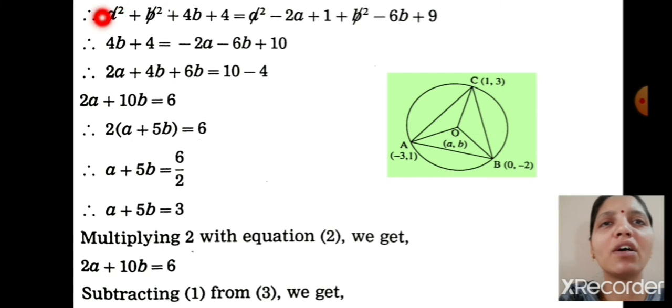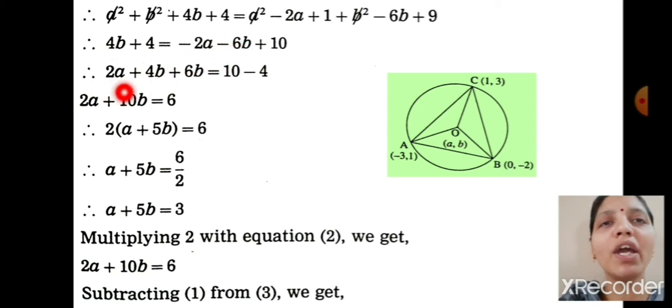Now cancel the common same terms. A square you can cut, B square also you can cut. Now what are the remaining factors? 4B plus 4 is equal to minus 2A minus 6B plus, now 1 plus 9 is 10. So you will get here 10. Therefore, now take like terms, all the A and B terms on one side.